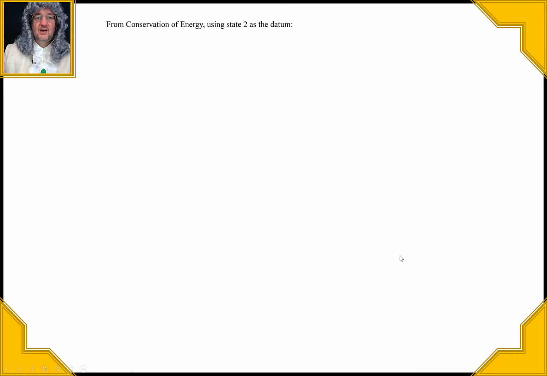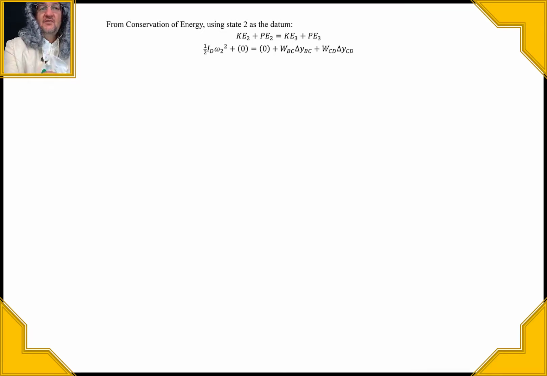All right, so now we have conservation of energy, with state 2 as the datum. Between states 2 and 3, this is what the kinetic energy at state 2 is going to be. It's going to stop, and it's going to turn into potential energy of the thing rising.